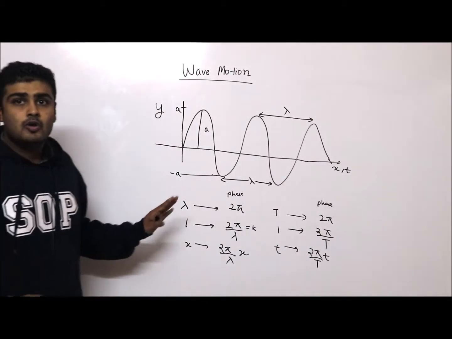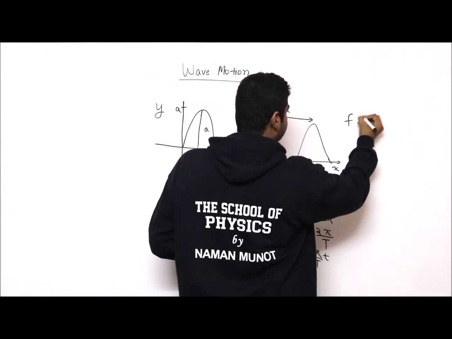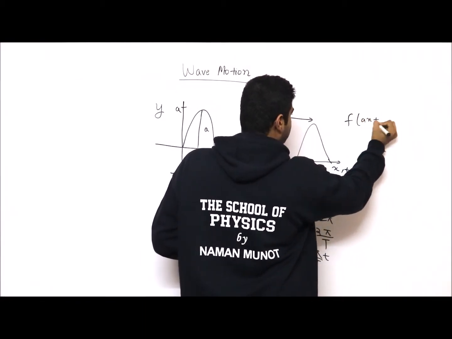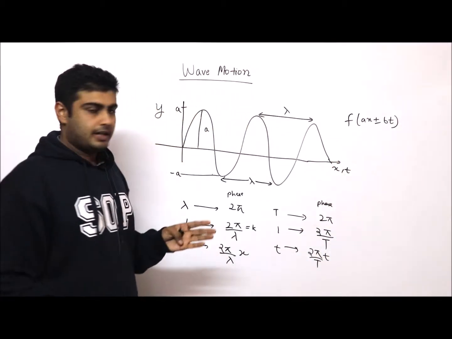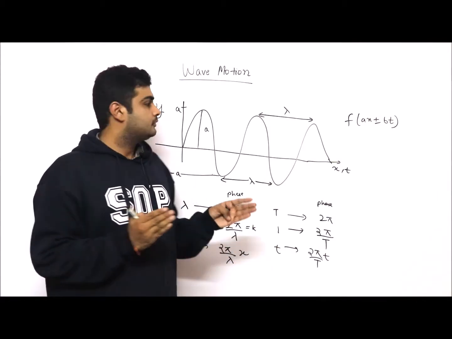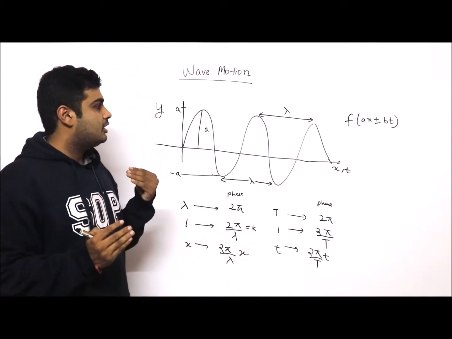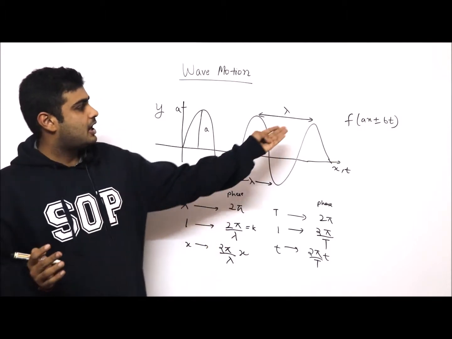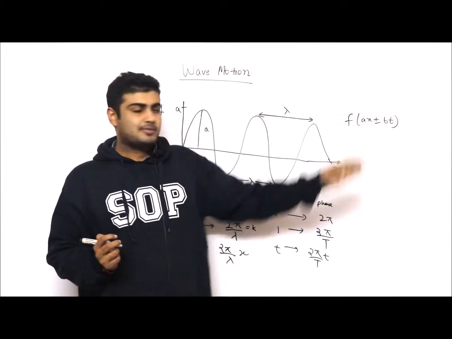That is how we come up with our equation f(ax plus minus bt). Suppose this is the equation of our wave, like we have written A sin(kx - omega t). This is how the wave equation is in the form f(ax plus minus bt).